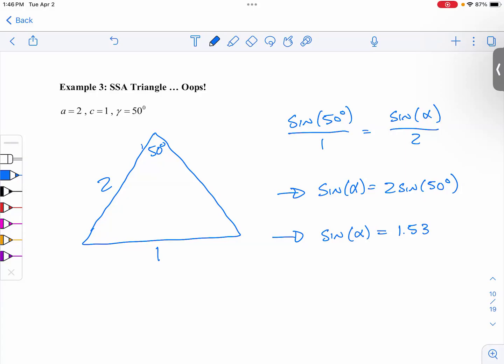Then when you do sine inverse here, what do you get? What'd you get? Domain error. Error, domain error.